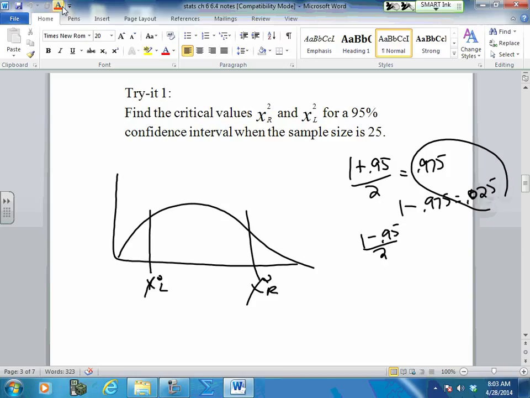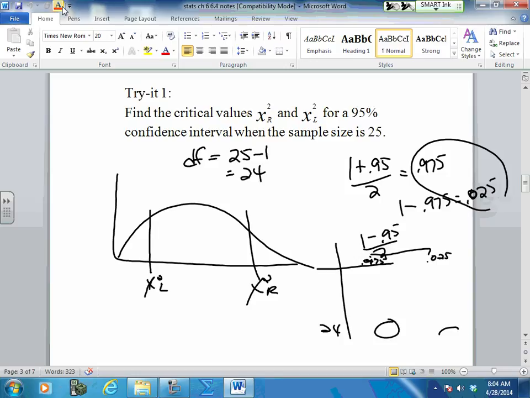Jerome, what did you do next? Claire, what did you do next? I have a degree of freedom. Okay, the only other thing on your chart says degrees of freedom. And you found that to be what? Good. 25 minus 1, 24. Now, all you guys have to do is look at table 6, come down to 24, read the .975, symmetric over here is .025, and take out these two values.